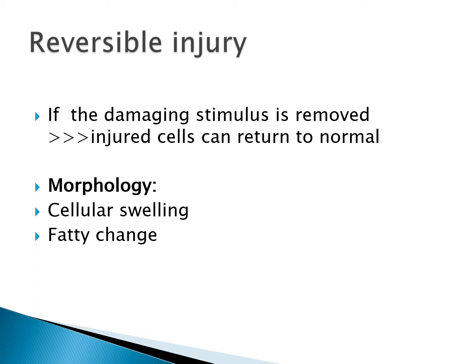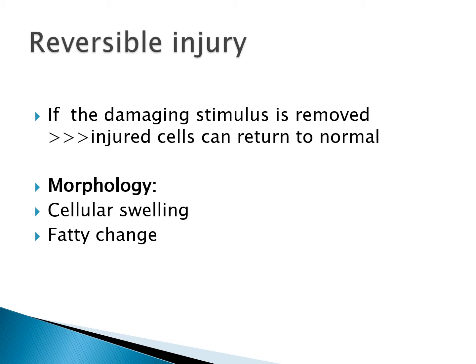Now let's start with reversible cell injury. From its name, if the damaging stimulus is removed, the injured cells can return back to normal. The most important thing we saw in the previous picture is that the plasma membrane is still intact and the organelles are swollen but they are still there, they are not ruptured, they are not damaged, and the nucleus is altered in a very minimal way.